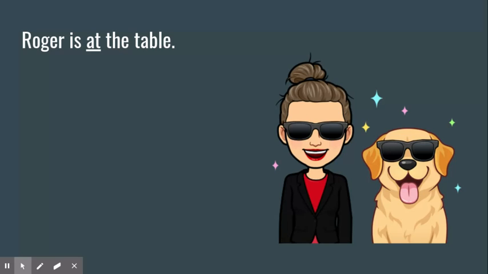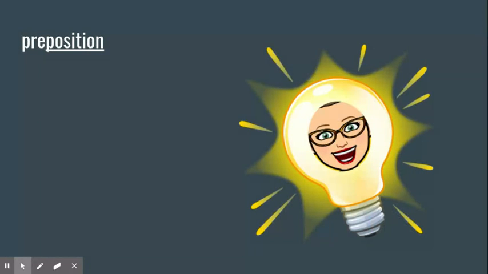In this sentence, the word at shows the position or relationship between words in the sentence. What are these types of words like at called? Prepositions. Notice that it has the word position in it to let us know it talks about the positions between words.